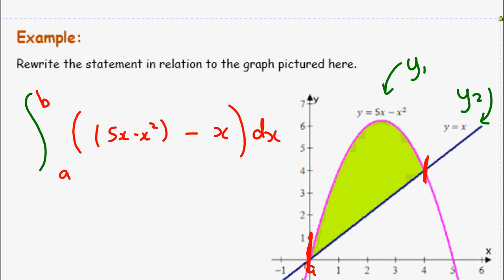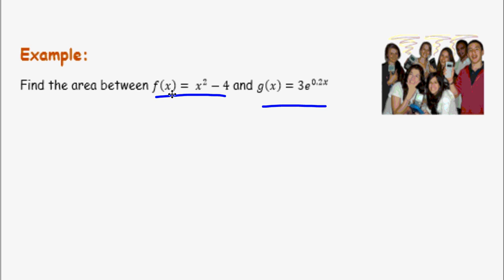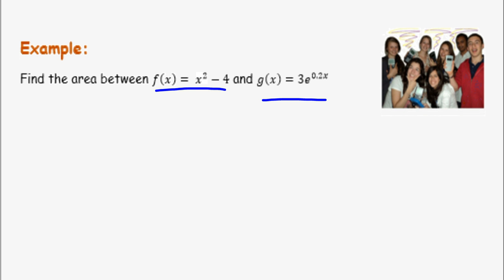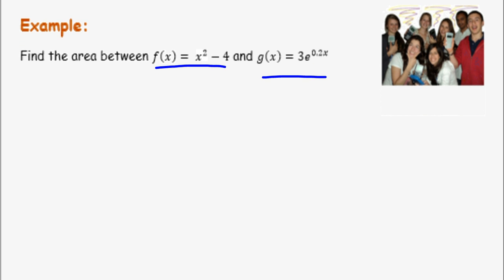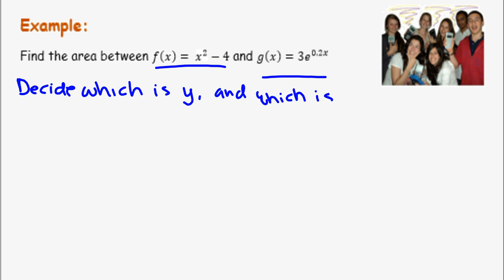But when they don't give you the graphs, you have to graph it yourself on your calculator and decide which one is y1 and which is y2 by graphing on your calculator. That's why this is a calculator one. By graphing on your GDC.